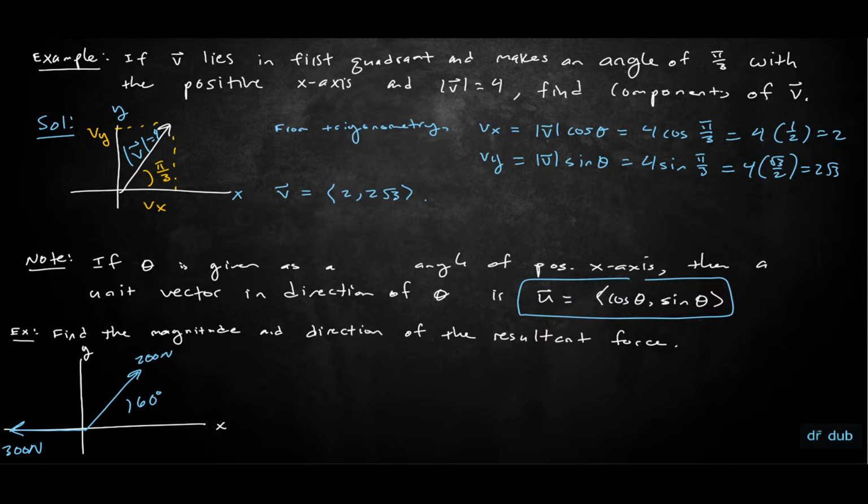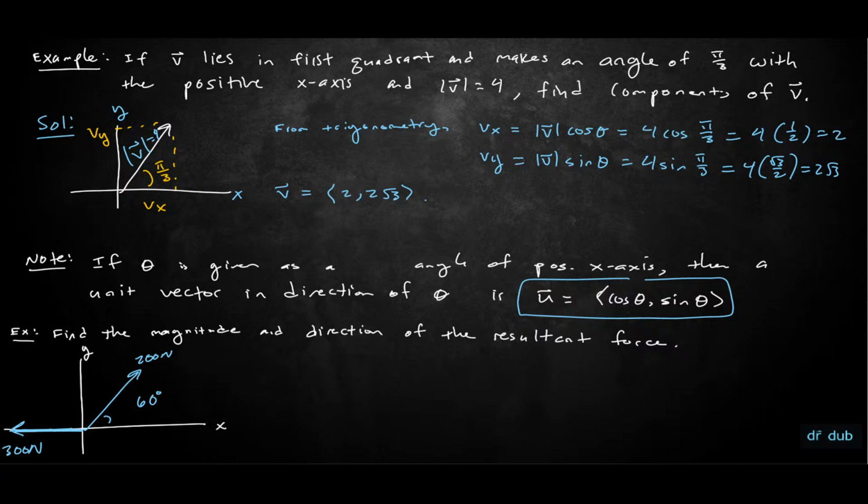So it should actually be longer, but I ran out of space, so let's make it a little thicker. It's a stronger force pulling to the left than there is pulling up at an angle of 60.